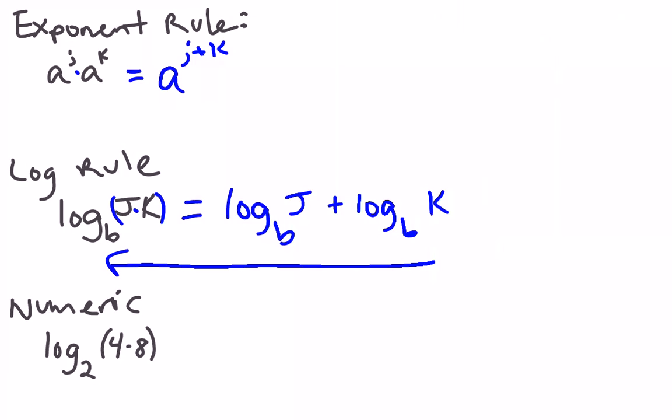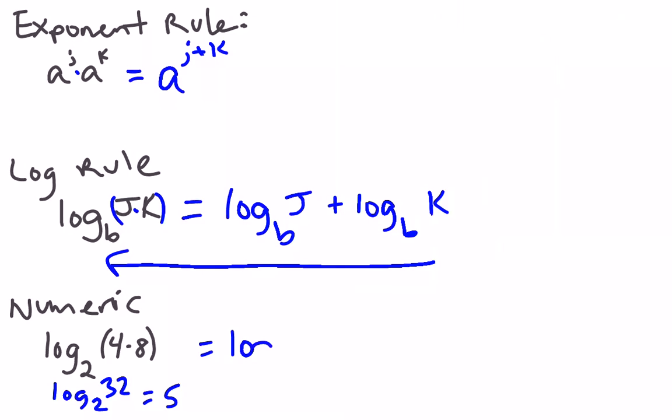So some of you are skeptics out there, so let's prove this numerically. So we want to show that log base 2 of 4 times 8 equals what I know it should, which is, 4 times 8 is 32, and what power of 2 is 32 would be 5. So if this property actually works, we should end up with the answer 5. So we're going to split it up.